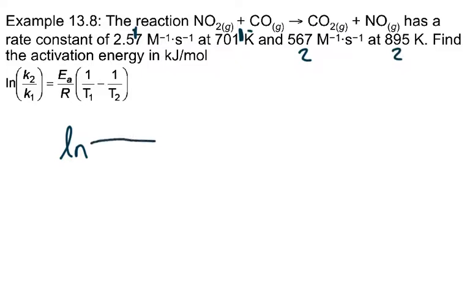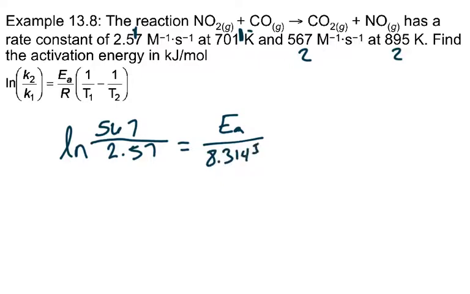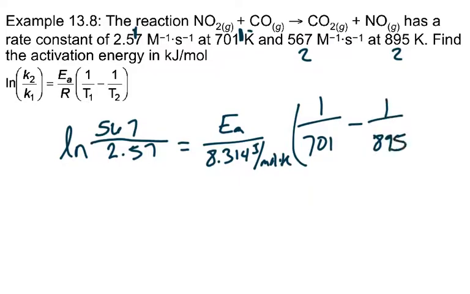So the natural log of 567 over 2.57 is equal to our EA value over our 8.314 joules per mole times Kelvin, times 1 over T1, which is 701, minus 1 over T2, which is 895.